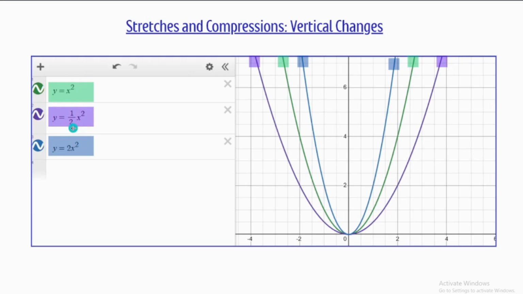When we multiply it by the fraction half, the multiplication is outside the function, and we get the purple parabola. When we multiply by 2, it shrinks, the blue one. So this is the stretched one, this is the compressed one.